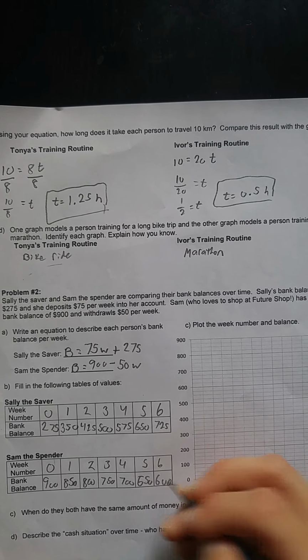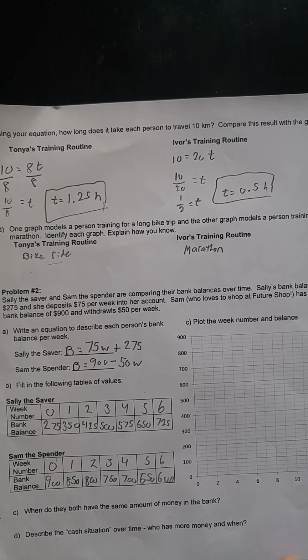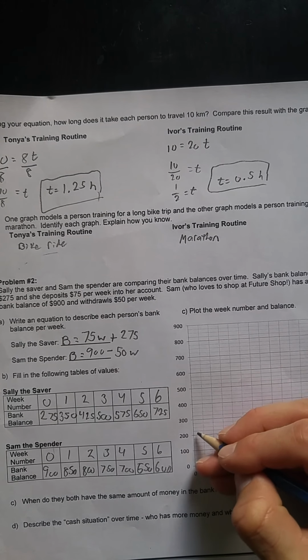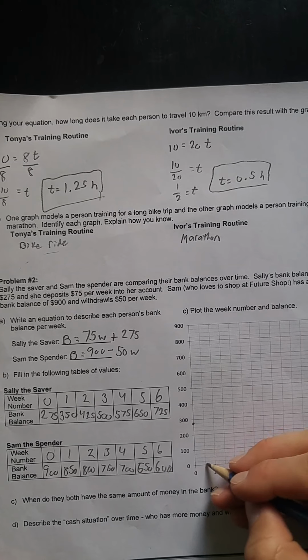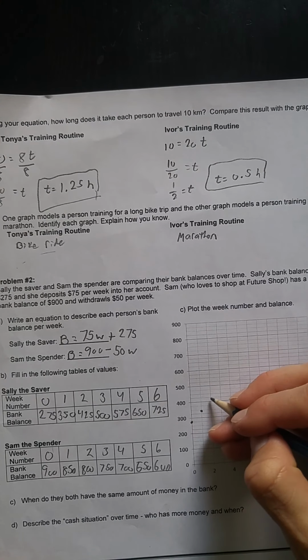So we have both of our tables of values filled out. Now we have to graph it. Let's do Sally first. At week 0, she's at 275. At week 1, 350. At week 2, 425.